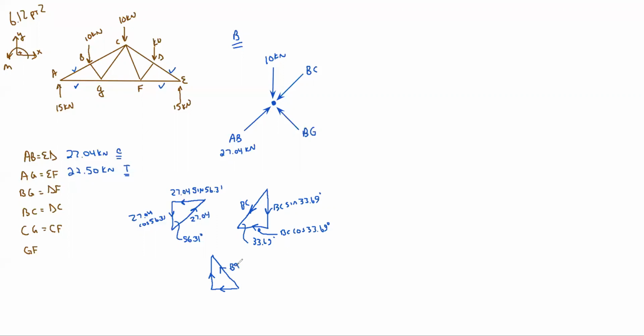The angle is 56.31 from a previous calculation. This is BG cosine 56.31, and this is BG sine 56.31.